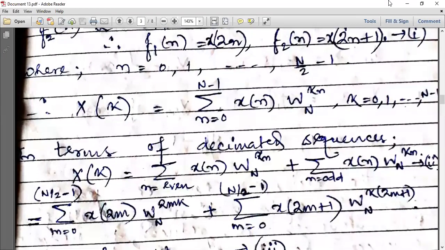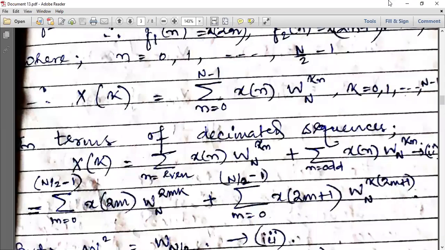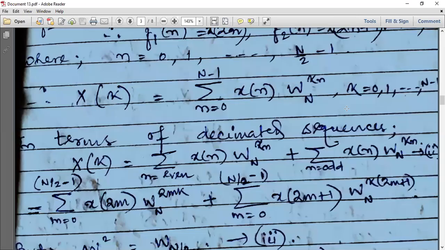Now, you see, according to this, in general, what is the formula for discrete Fourier transform DFT? X(k) equal to summation of n equal to 0 to n minus 1 x(n) into W factor. Clear? This line. Clear, all of you?